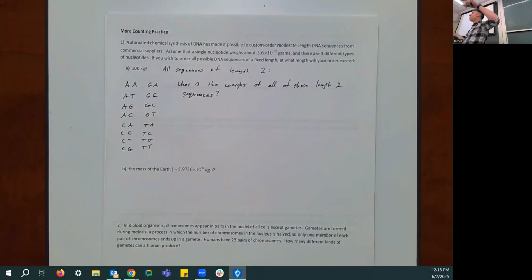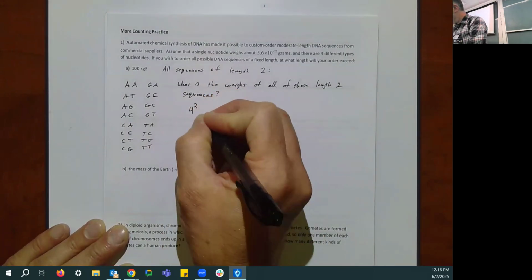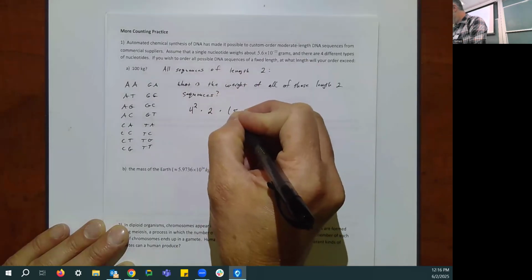How many nucleotides do each of them have? 2. So if I wanted to order all DNA sequences of length 2, I would be ordering 16 sequences, each of them having 2 nucleotides. So my total order would have 32 nucleotides, and the weight of that would be 32 times 5.6 times 10 to the negative 22nd.